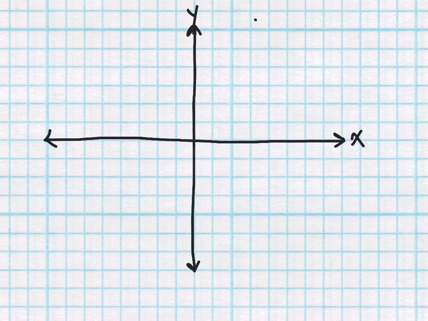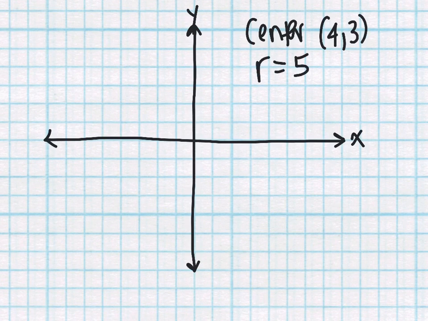And let's remember we have center at (4, 3), radius of 5. So I can find the center by going to (4, 3). And then my radius is just going to be 5 over, so 5 over any direction.